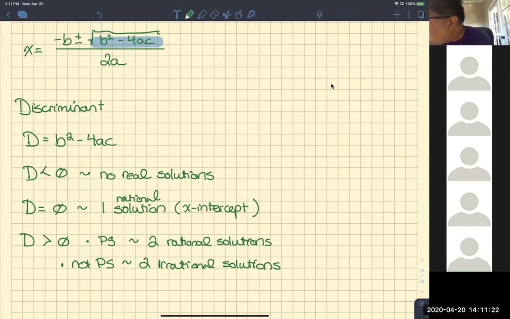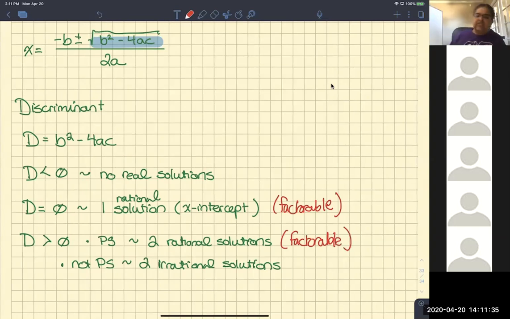So, when the discriminant is a perfect square or 0, these are your factorable quadratics. Okay, so when you calculate the discriminant and you get 0 or a perfect square, that means you know that that quadratic can be factored, right?